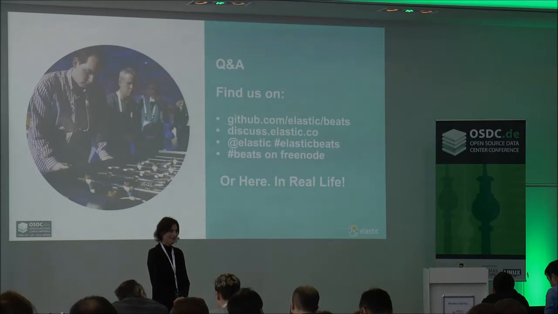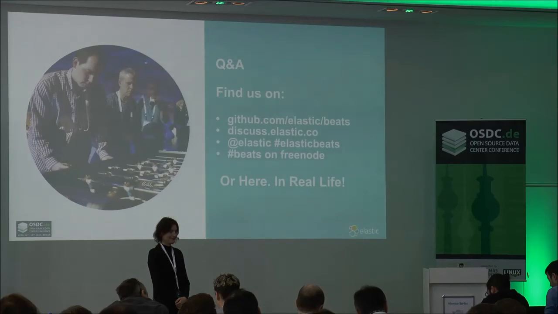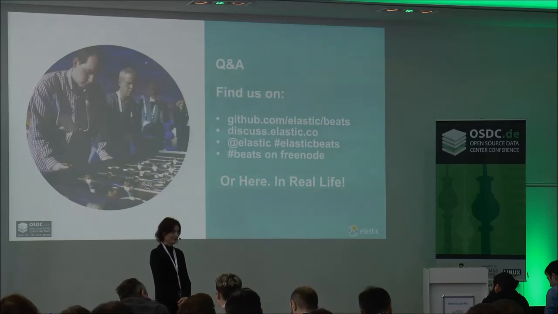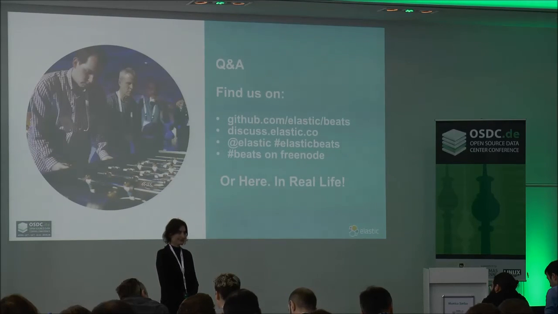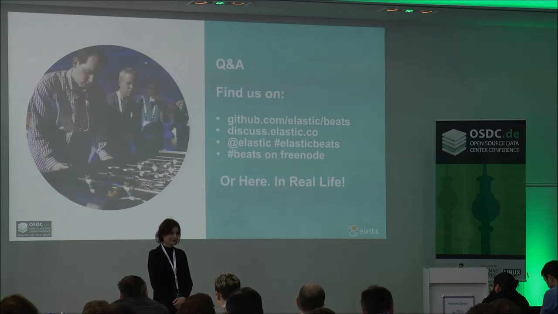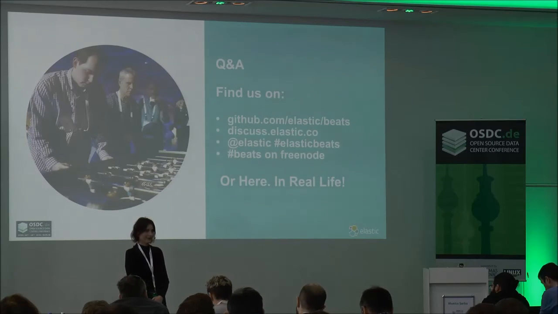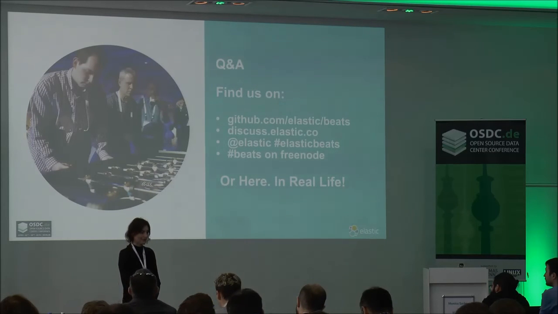Just a little short question. In case of, for example, a network failure, how would the Beats clients or the agents react? Would they queue all the collected information, statistics, and so on, and then, as soon as the network connection is established again, push the data, or will they just collect and fire and forget?